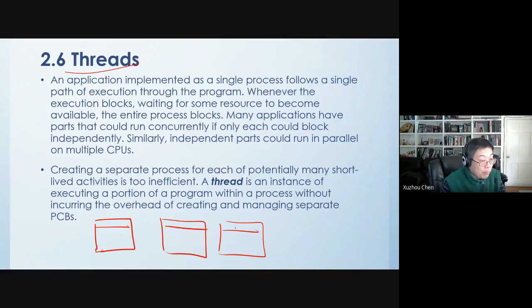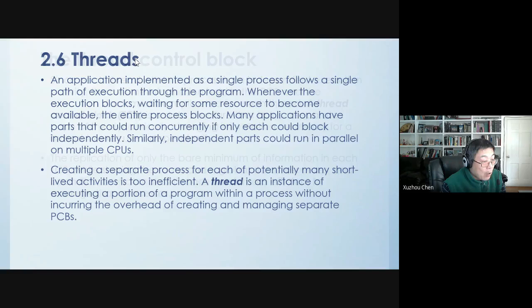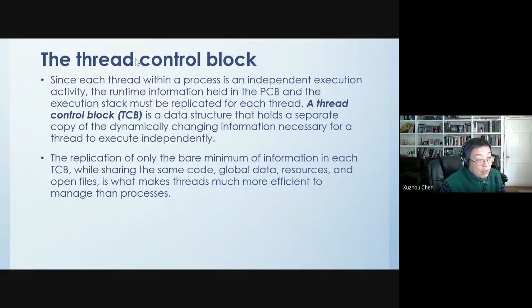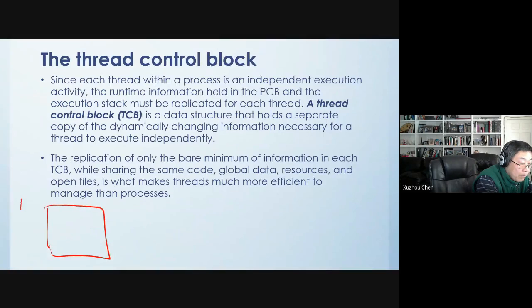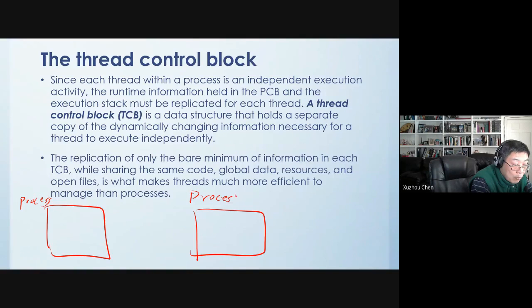Okay, so now what's the difference? We have a process, and we have another process. One process is running a single thread, and the other process may have multiple threads. Even though they are running the same application, you can open multiple threads.